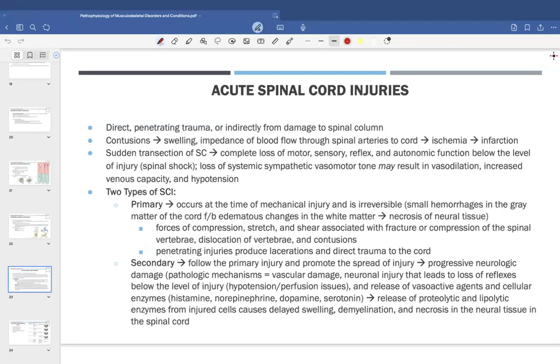Contusions themselves can lead to swelling, edema in the surrounding tissues. If those pressures get high enough, they can compress your feeder arteries, your nutrient arteries, and that can lead to tissue ischemia and ultimately to infarction.